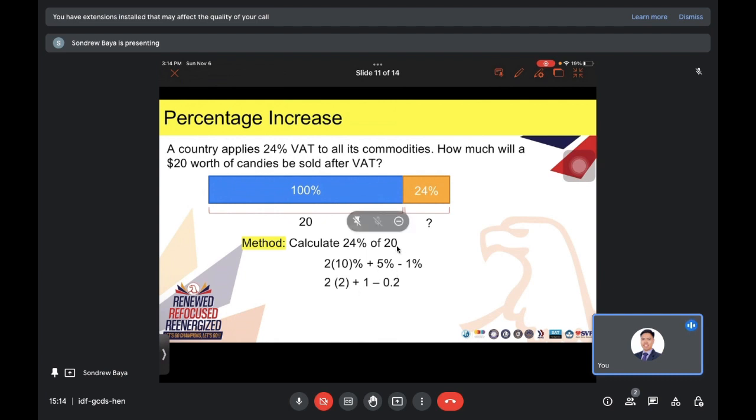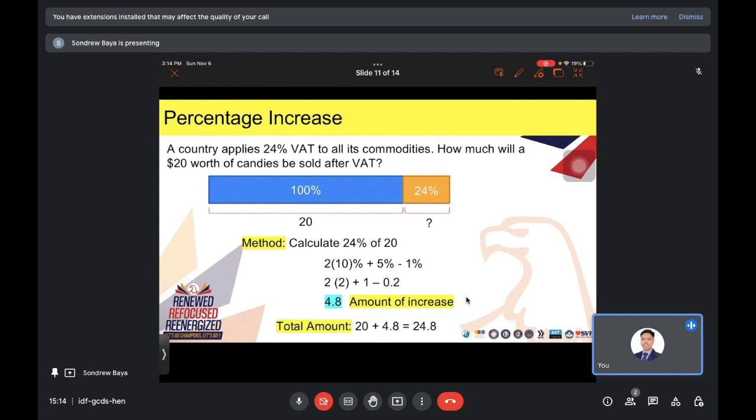And 1%, move 2 decimal places to the left, that's 0.2. Therefore, the amount of increase is 4.8. So we are going to increase 20 by 4.8, which is equivalent to the 24%. So the total amount now would be $24.8. And this is how we compute percentage increase.